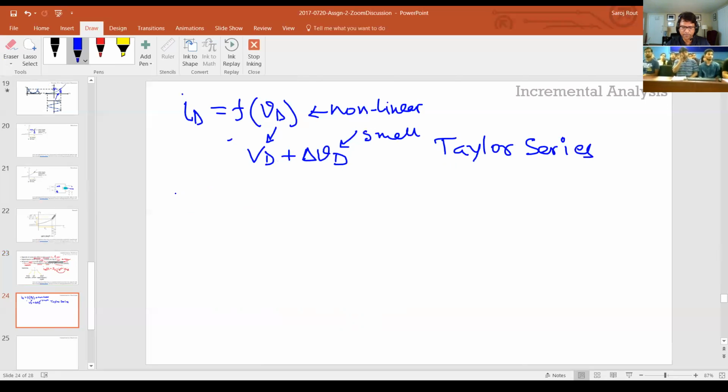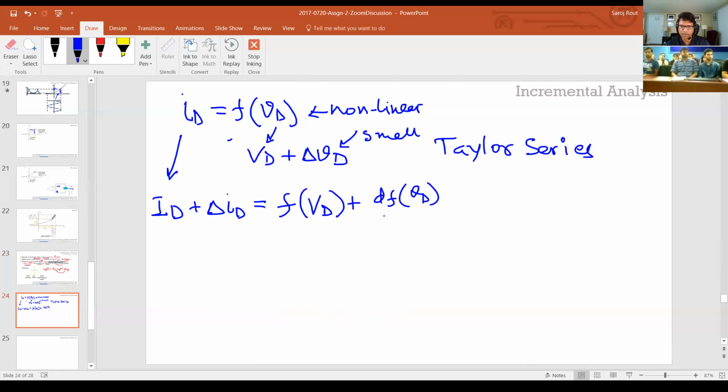So if you remember the Taylor series, this ID, which is the DC bias plus the incremental ID, is equal to this nonlinear function's output for that given DC bias, plus the first coefficient of the first differential, which is df(VD)/dVD evaluated at VD equals VD.